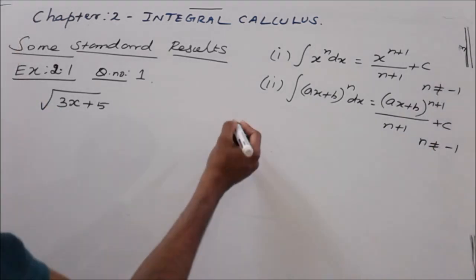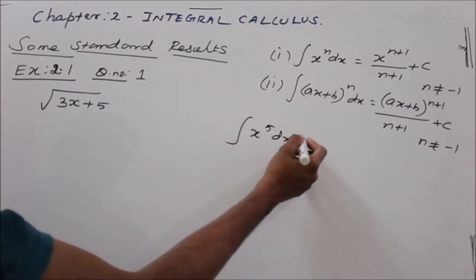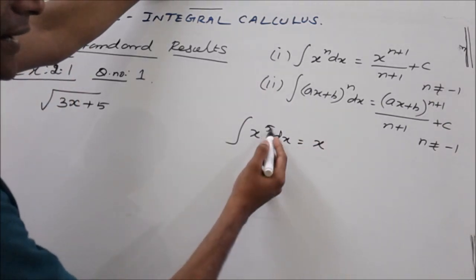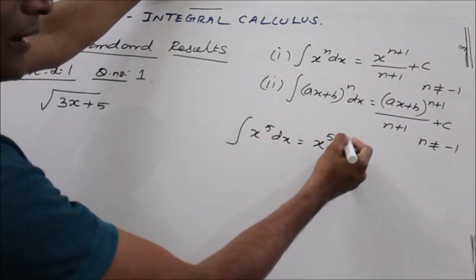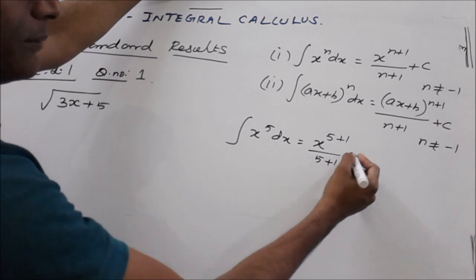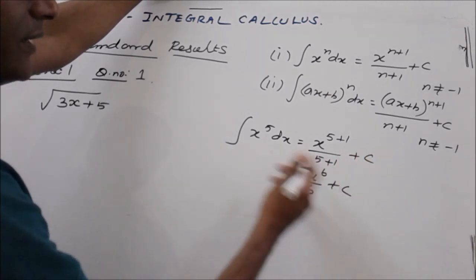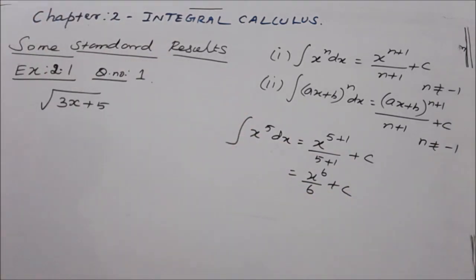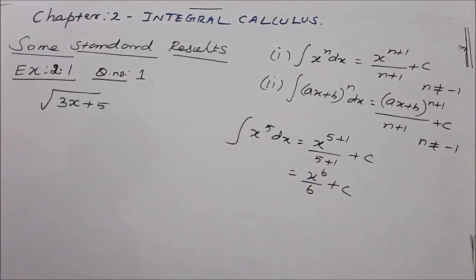For example, integral x power 5 dx: here n is 5, so x to the power n plus 1 divided by n plus 1, that is 5 plus 1 divided by 5 plus 1, plus c, which is equal to x power 6 by 6 plus c. This is the primitive of the derivative function x power 5.